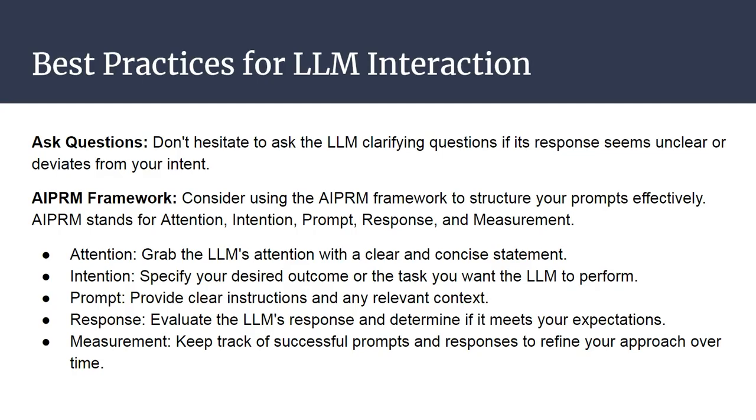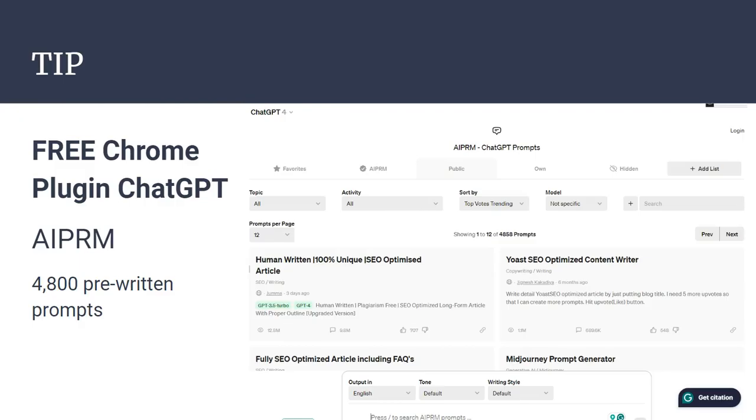So after you've done that, then don't just take the first thing it gives you. You can ask clarifying questions and get it to refine the content, put it in the way that you want, right? So just talking about a few different ways to do that.